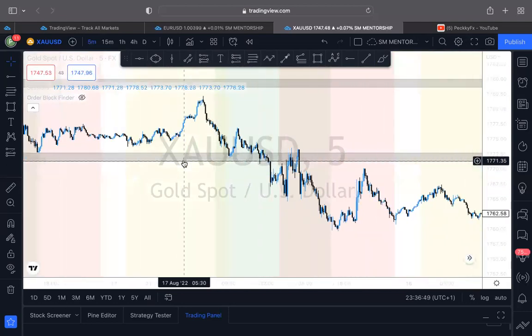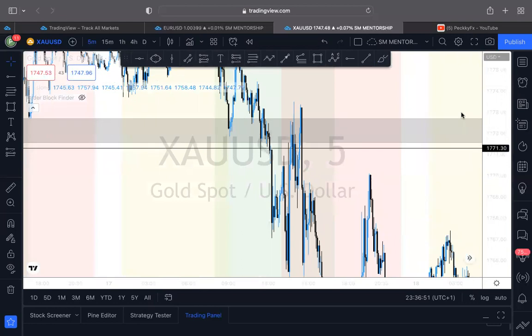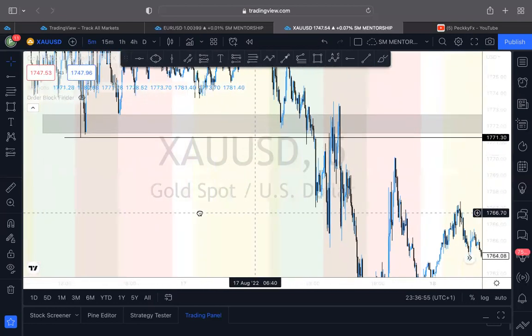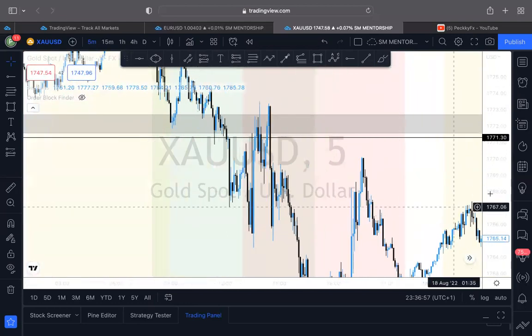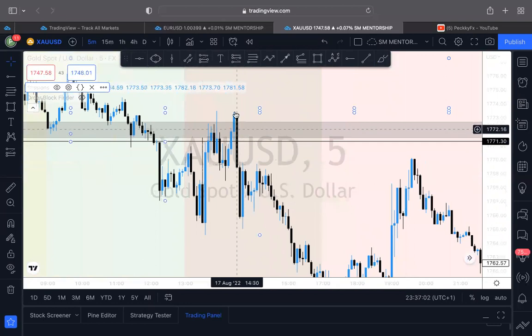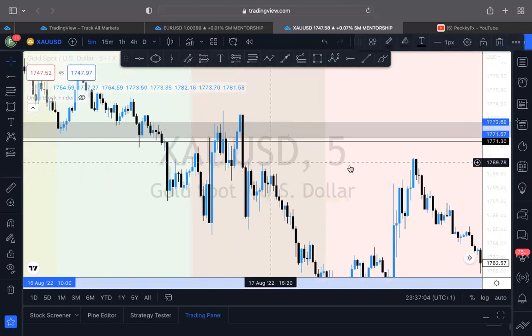I think the 5 minutes was more of precision and in line with my sessions. Okay, so this was an overlap session right here. So this was in line.